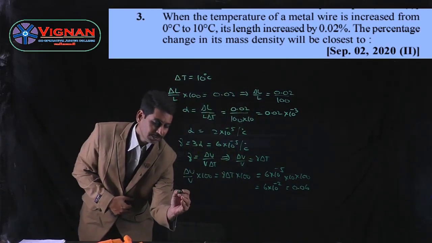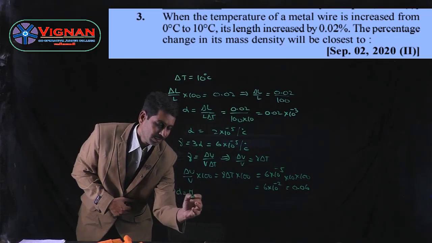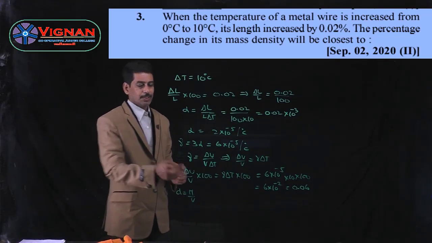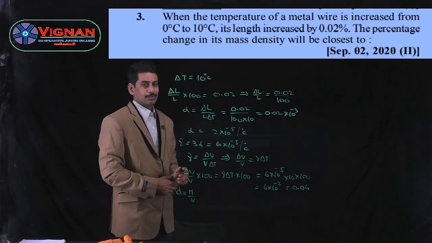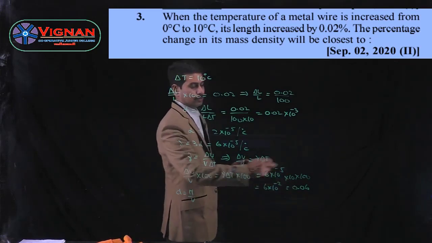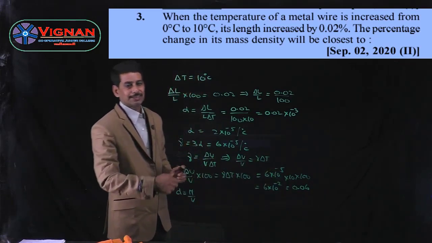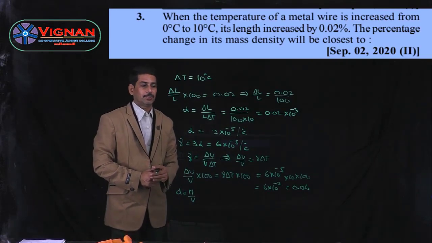And from the definition we know density is equal to mass by volume. So if the volume increases, density decreases. So here the volume is increased by 0.06%, whereas the density is decreased by 0.06%.